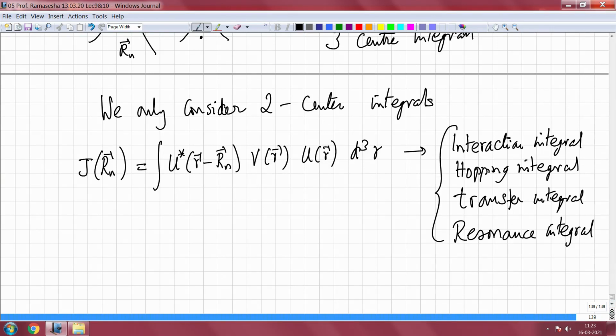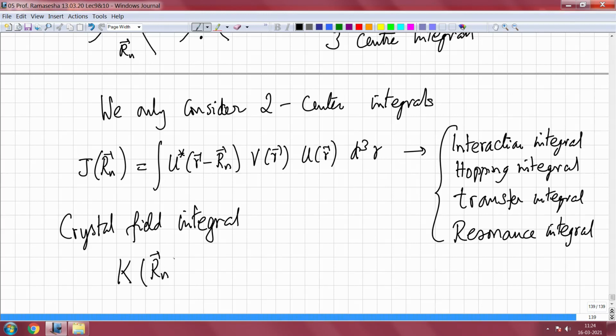So J of r n is that integral, and we have another kind of integral which we call the crystal field integral. We call this by the symbol k, and this is again a function of the separation between the two centers, and is given by the integral of u star of r, u of r, v of r minus r n, d cubed r.